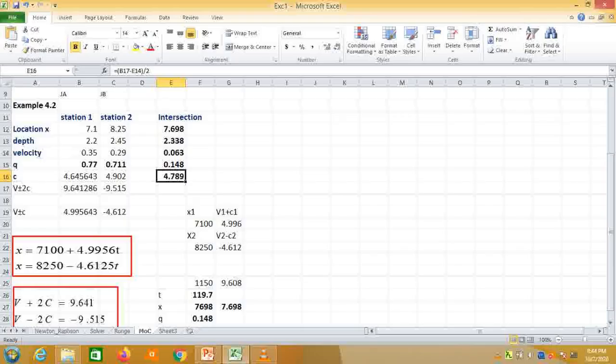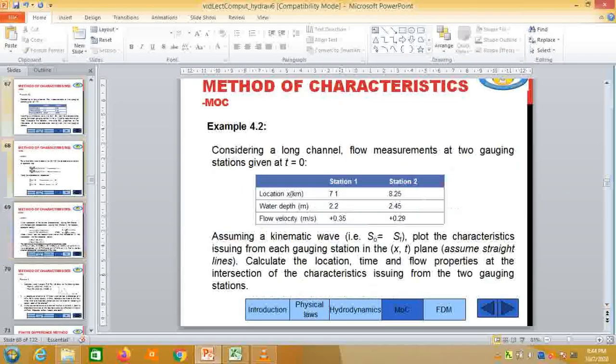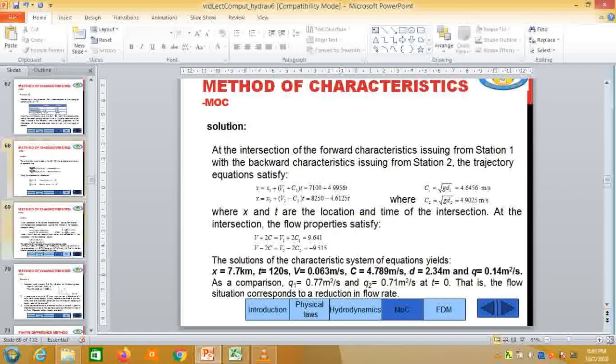So at a distance of 7.7 kilometers, after a time of 120 seconds, the velocity is going to be 0.063, which was initially 0.35, and at station number 2, 0.29. Now it has tremendously reduced to 0.063. Celerity is 4.789.